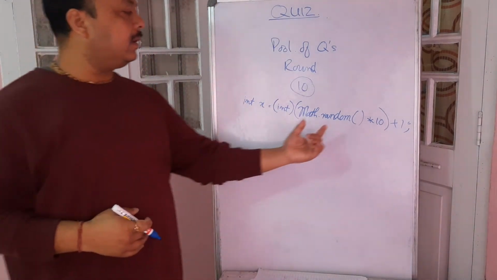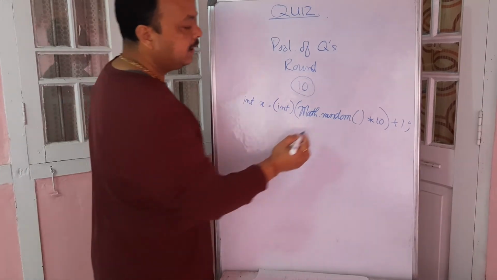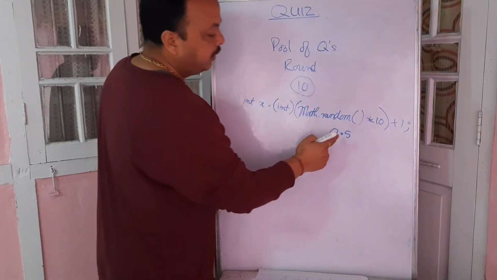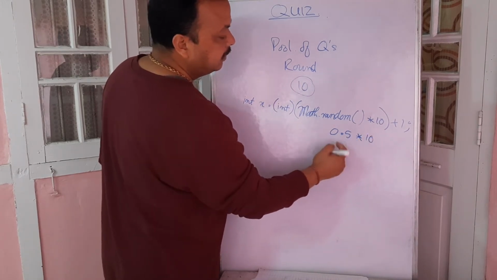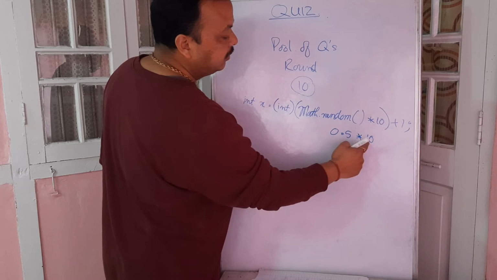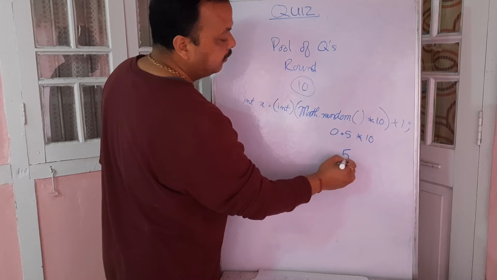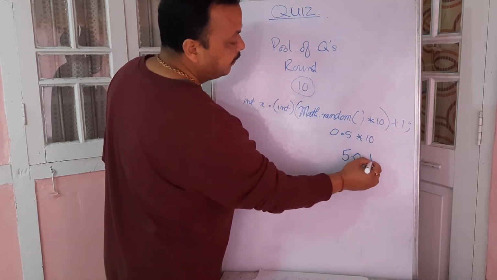Math.random first will give us some number. For example, say Math.random generates 0.5. So 0.5 times 10 will be how much? Whatever number you get, this will be plus 1.